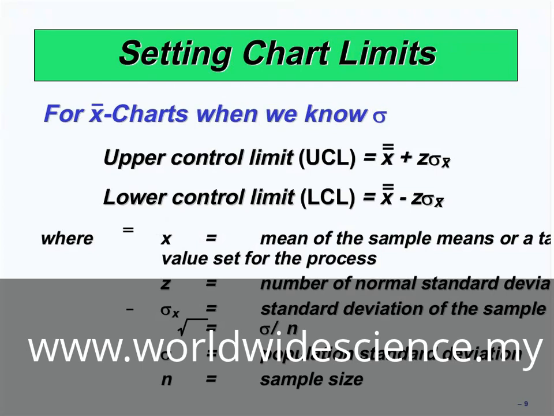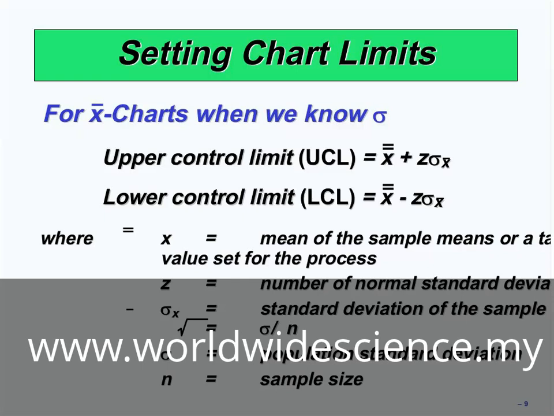In the X-bar chart, some data should be measured by the operation manager. The first is the upper control limit, UCL. UCL equals X-bar plus Z sigma X-bar. And the lower control limit equals X-bar minus Z sigma X-bar.